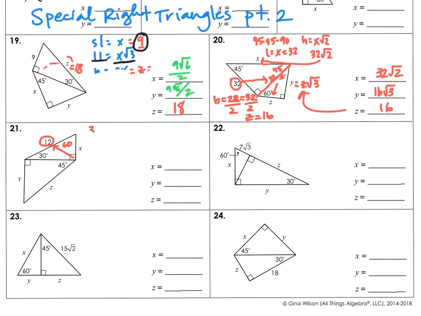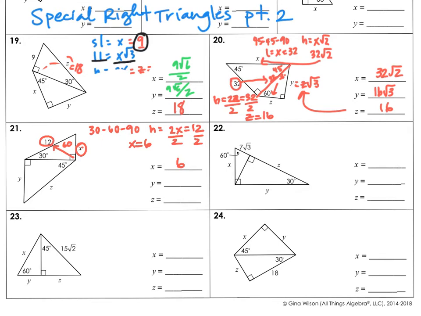In a 30, 60, 90 triangle, your hypotenuse formula is 2x, and I can use x because that's the shorter leg length here. So 2x equals 12. To find x, we divide by 2, and x is 6. So we know that our short leg length in that problem is 6.